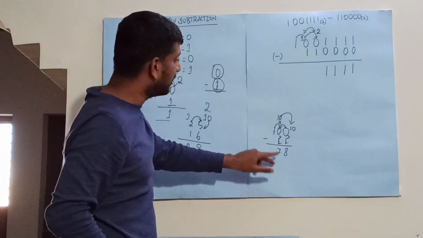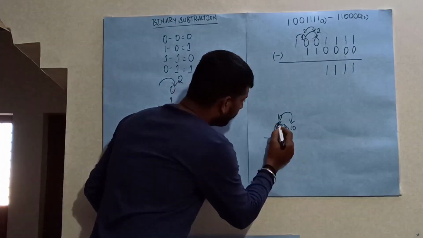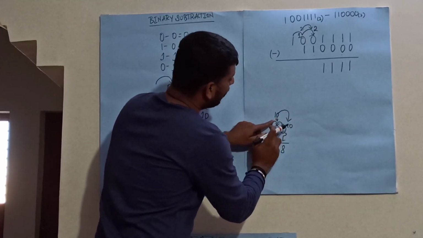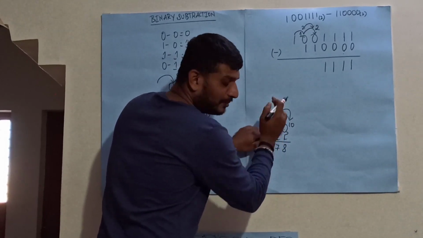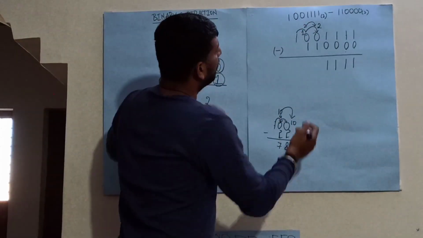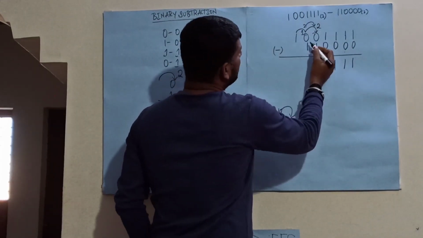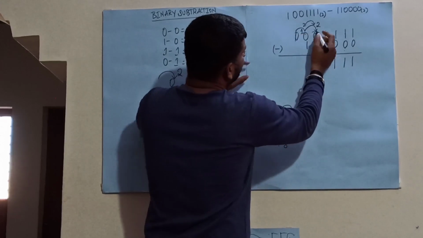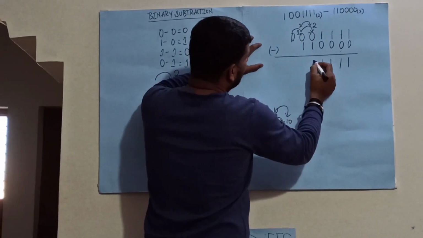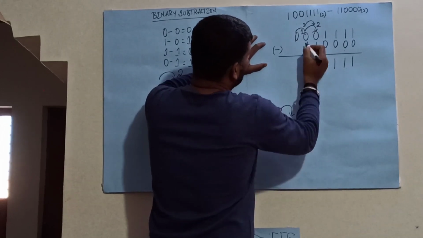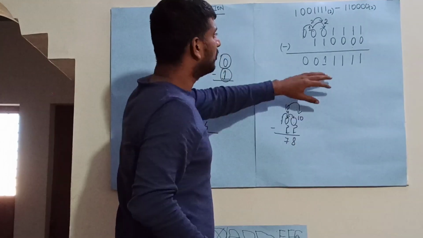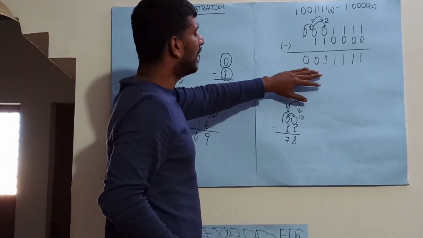According to this example, when I borrow for the first time, it will be 10, and when I borrow for the second time, the first borrowed value becomes 9 and the second borrowed value becomes 10. Now I perform the subtraction. Here it becomes 0. Now here 2 minus 1 is nothing but 1. 1 minus 1 is nothing but 0, and here also it becomes 0. So this is the answer which I have got.